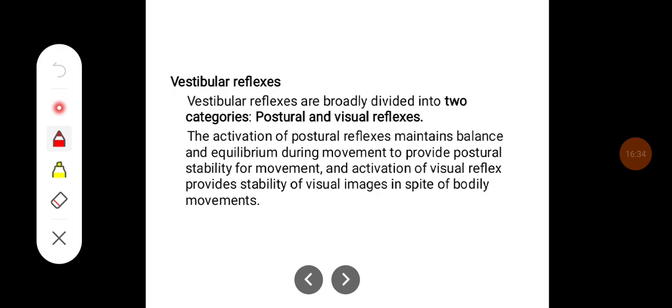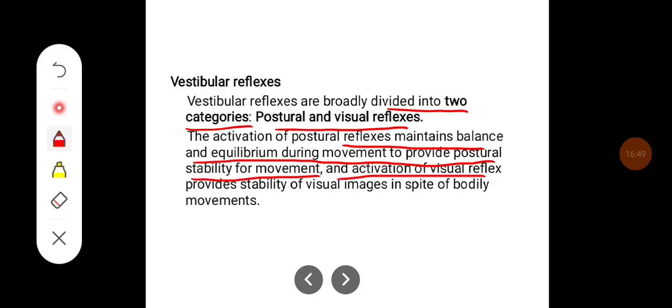Vestibular reflexes. Vestibular reflexes are broadly divided into two categories, postural and visual reflexes. The activation of the postural reflex maintains balance and equilibrium during movement to provide postural stability for movement, and activation of the visual reflex provides stability of visual images in spite of bodily movements.